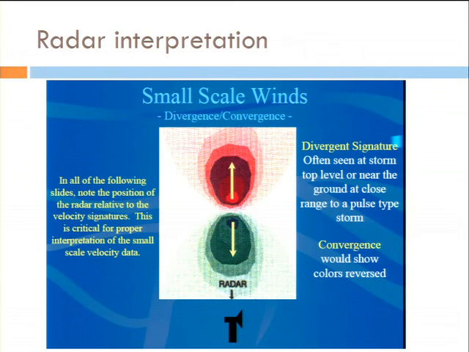Now, when we talk about small-scale winds around a thunderstorm, we can actually have a situation where, if this is the radar and it sends out a radar beam, along the beam itself the wind seems to be changing direction.